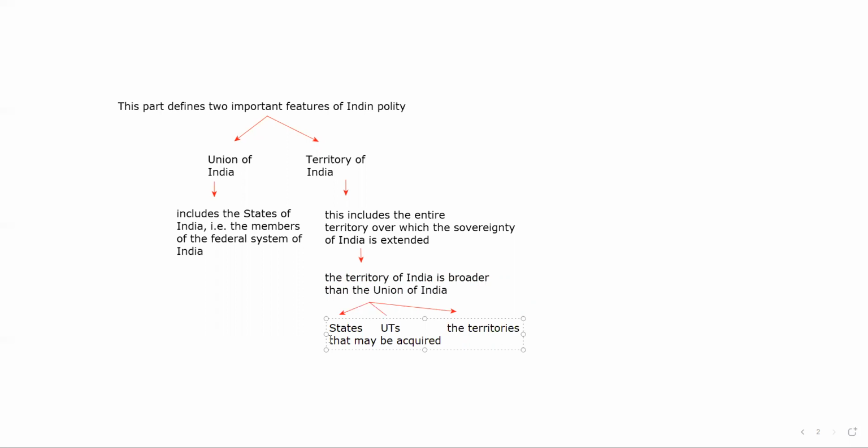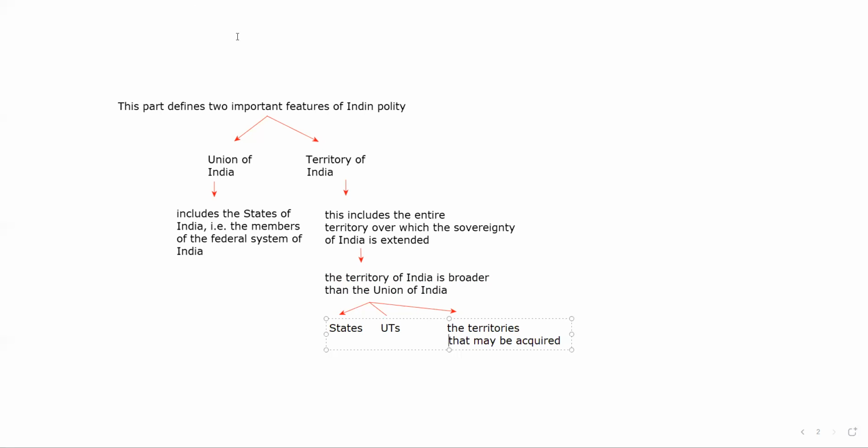So in this sense, the term Union of India talks about the states only, but the term territory of India is broader, and it includes the UTs and the territories that may be acquired.